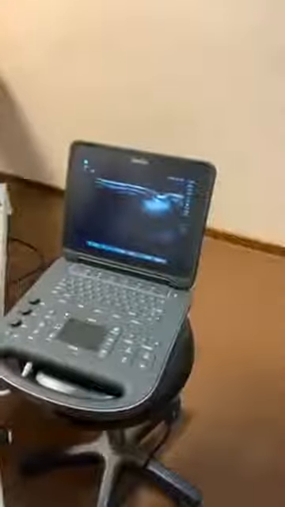okay? Now looking at the plantar fascia. A little bit darker here.